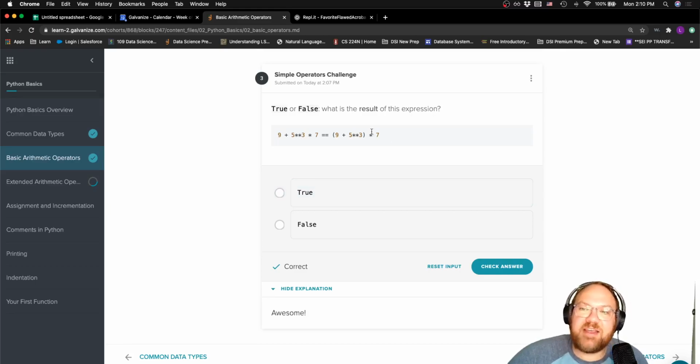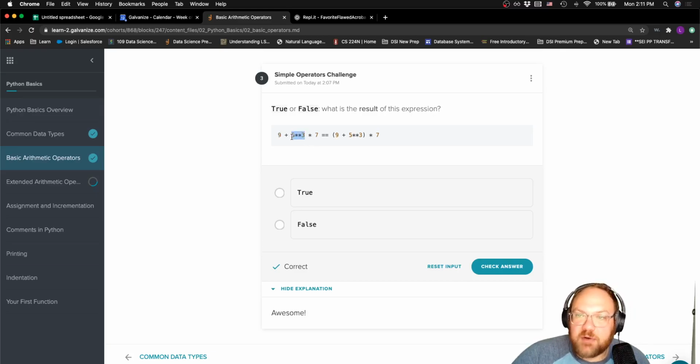We can see on the right side of this expression here, there are some parentheses, and we would take care of that first, right? We see there's addition inside of those parentheses, so that's being taken care of before the multiplication, where here there are no parentheses, right? And so following PEMDAS, there are no parentheses.